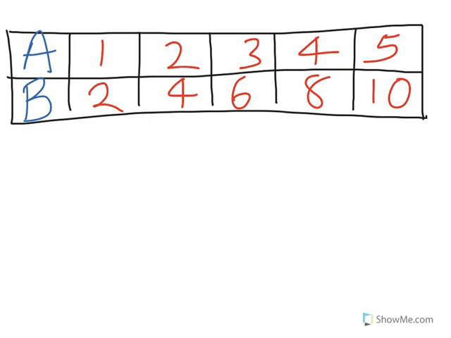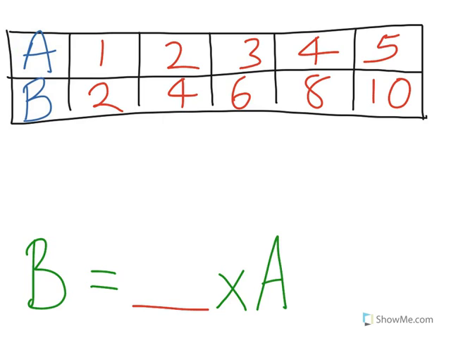Now, before we find this particular rule, we need to know the standard form that all our rules are going to be in, and that is this bottom number b is equal to something, and we don't know what that something is, so I'll put a line there, multiplied by the top number a, and we'll put another gap at the end because we might have to add or subtract something to make our rule work.